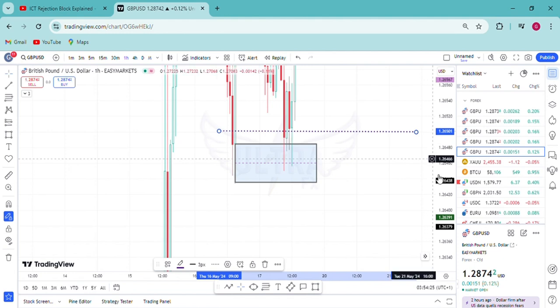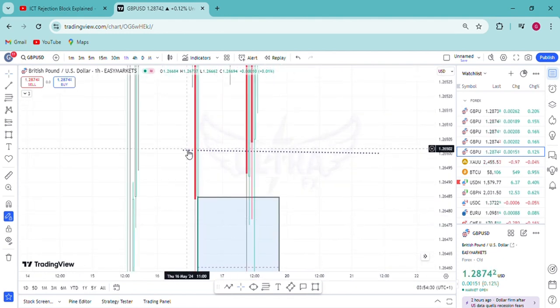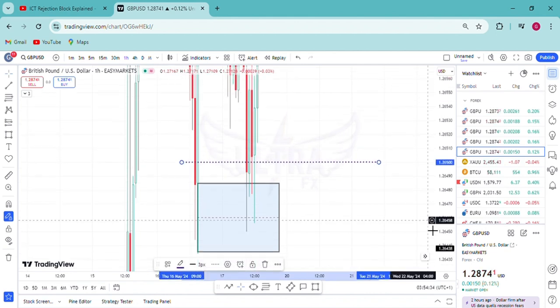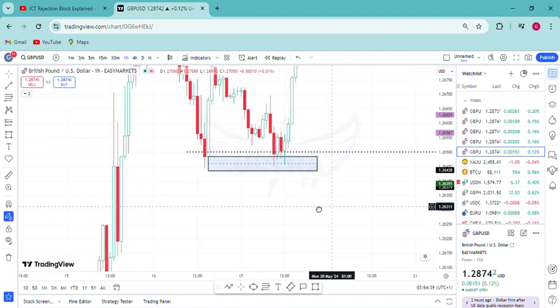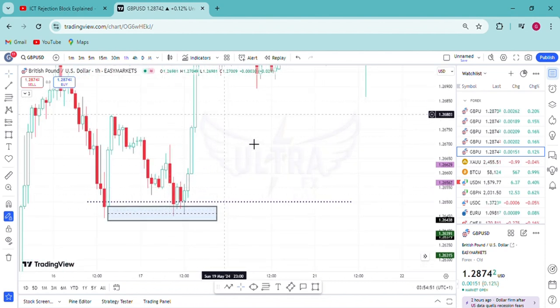Okay, let me draw it well. 26500, and you can see price tapping into that number and not closing below it after this candle, rejecting off of this spot, and price moves to the upside.